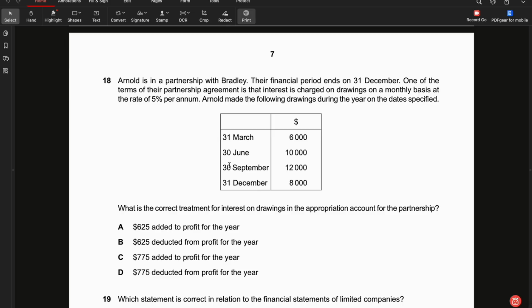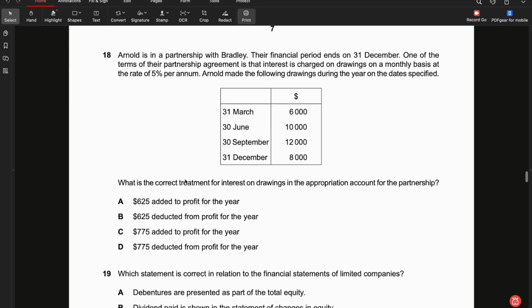So these are the dates in which Arnold withdrew money from business, and these are the amount. They mention that we will charge interest of 5% but on monthly basis. Okay, very simple. Calculate the month and then amount for each drawings. What is the correct treatment for the interest on drawings in the appropriation account for the partnership?